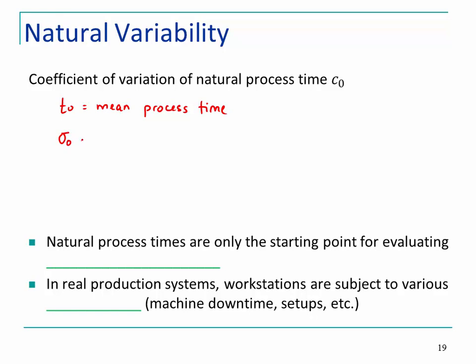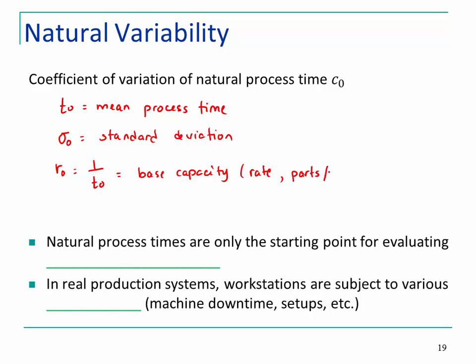The standard deviation sigma 0, which is the standard deviation. R0, which is 1 over the mean process time, is our base capacity, in terms of the rate, or parts an hour.